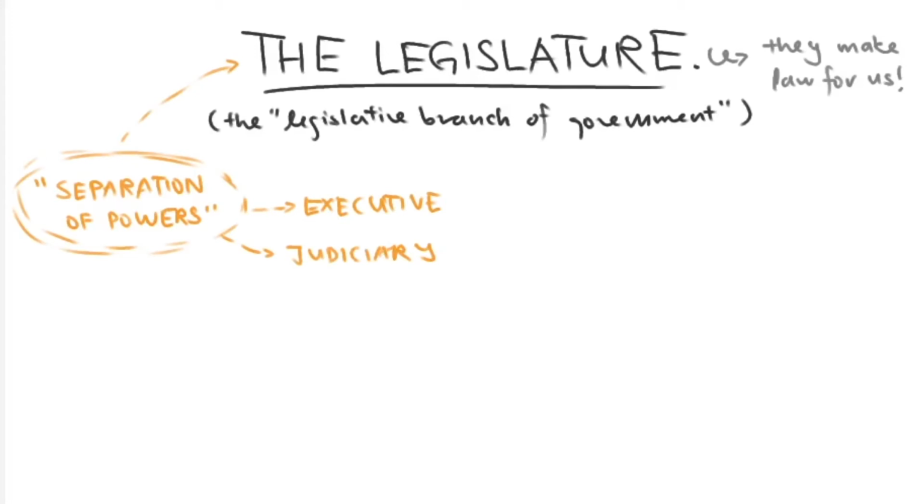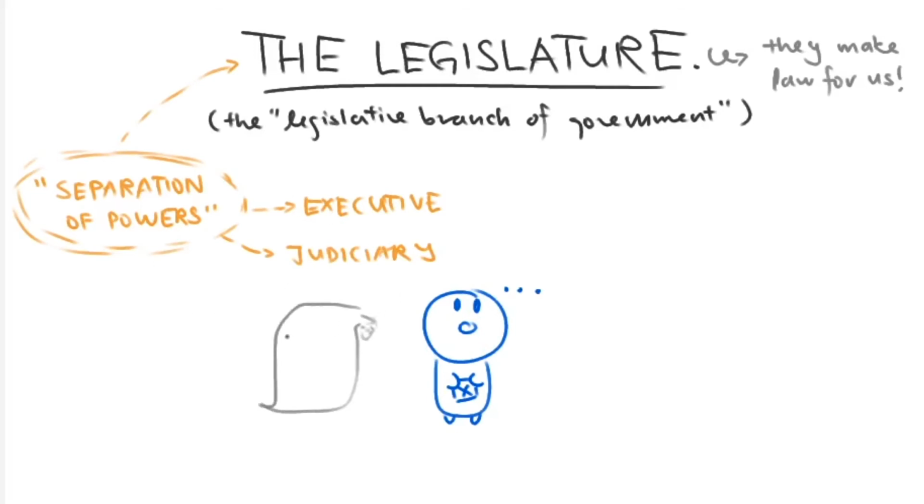So, in essence, when we cast our votes on election day, we are voting for the people who will make law for us. That's significant, constitution level significant. It is fundamental to Singapore that the people who make law for us are voted into power by us.